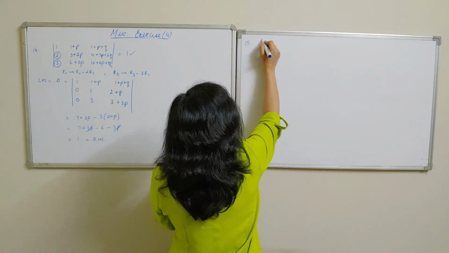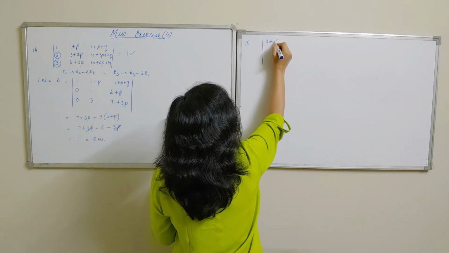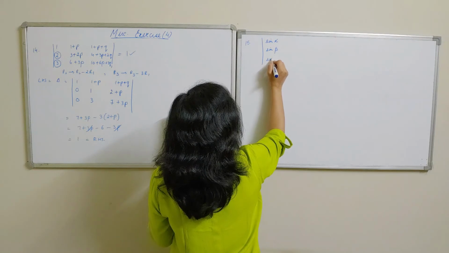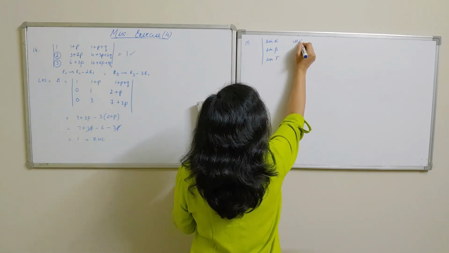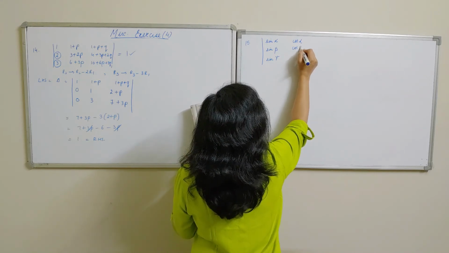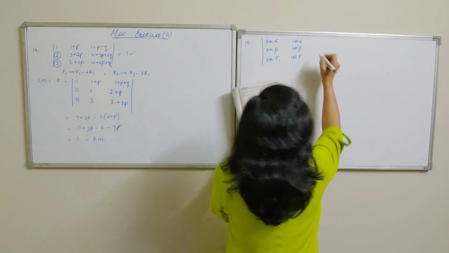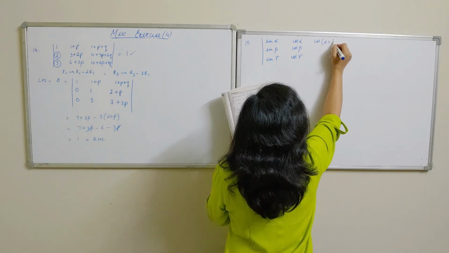Question 15, the trigonometric ratios given: sine alpha, sine beta, sine gamma, cos alpha, cos beta, cos gamma, cos alpha plus delta.